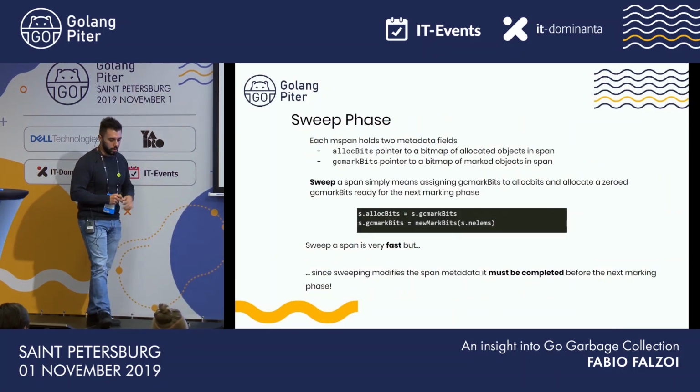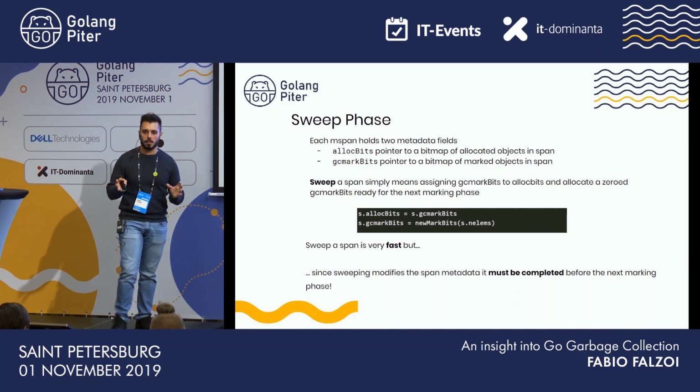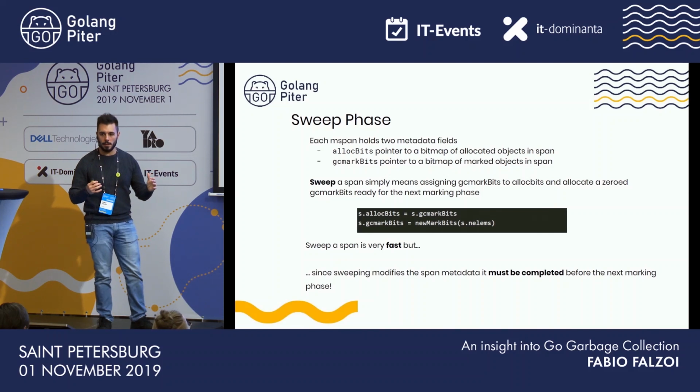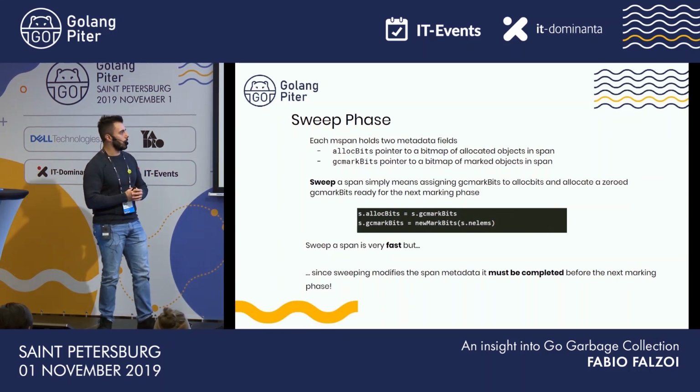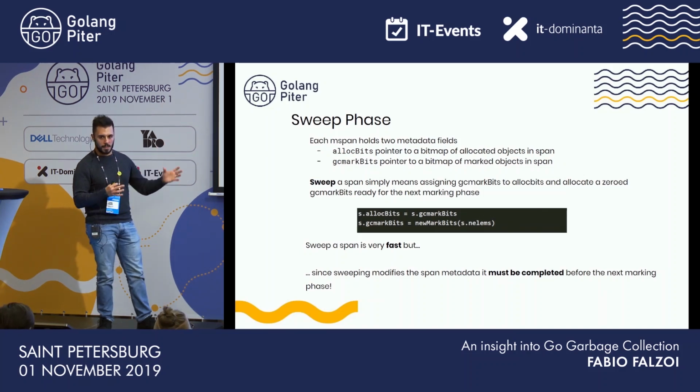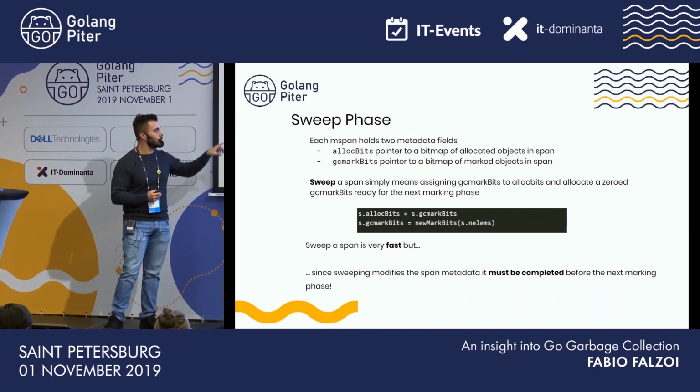Okay, so let's talk a little bit about sweeping. Sweeping in Go is really fast, because for each span there is a couple of bitmaps that are kept to describe the span, and specifically we are interested in these two fields over there inside the runtime.